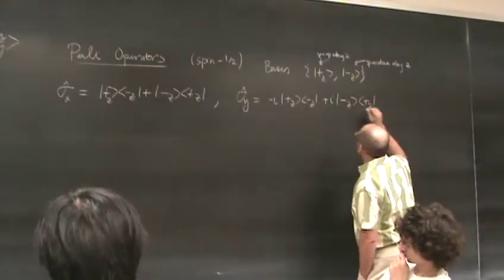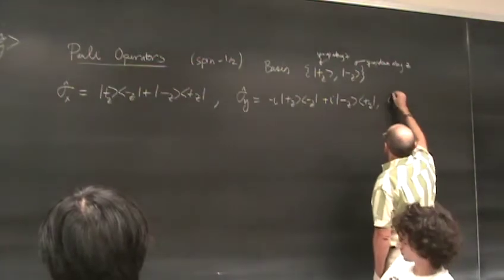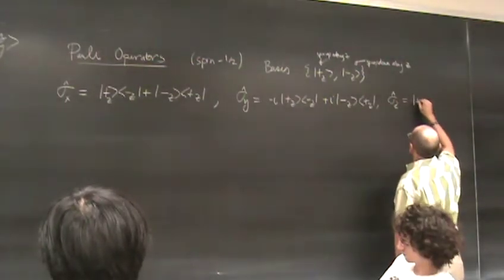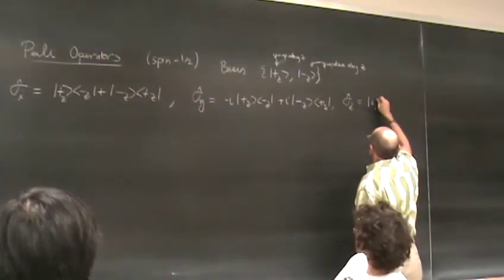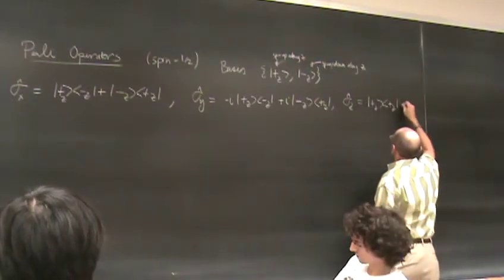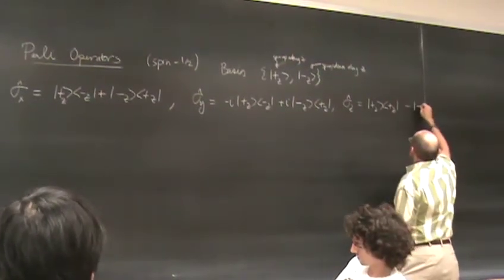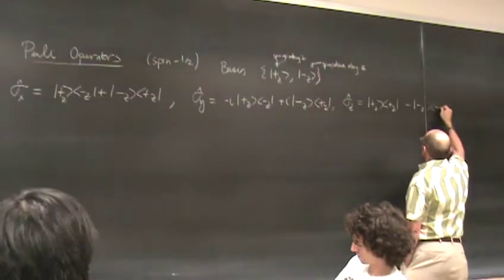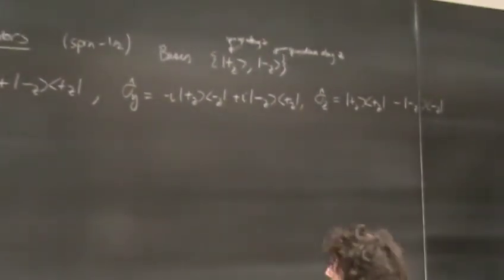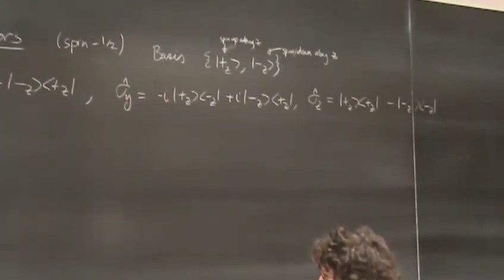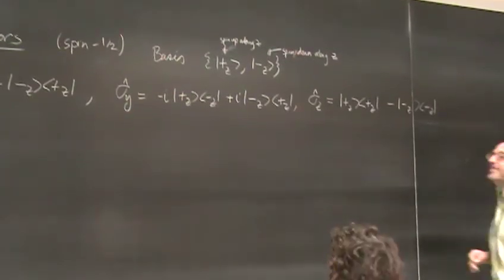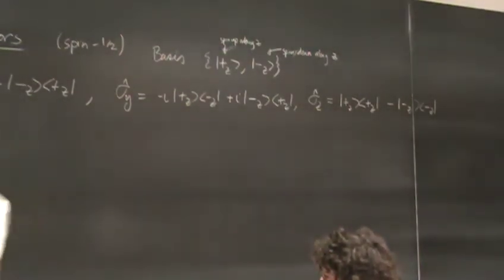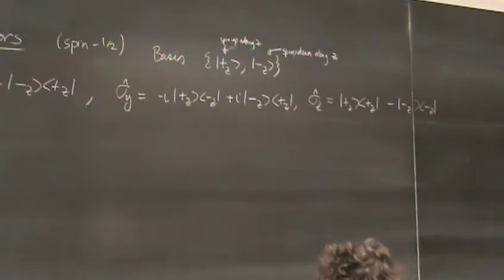And sigma z is equal to this operator. Those are the operators written in this kind of notation. There are lots of notations that we can use to express operators, but this is one of them.